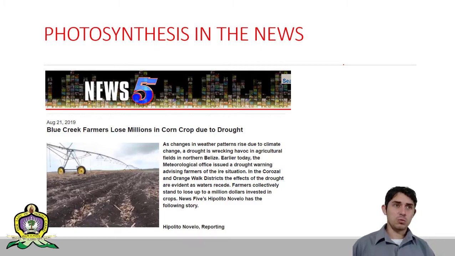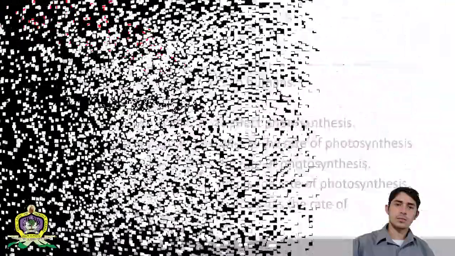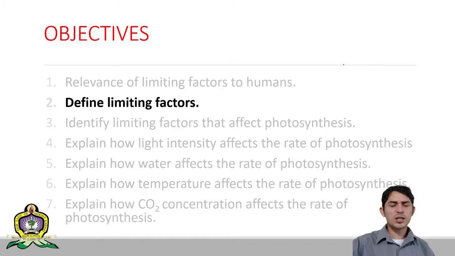And how exactly does drought, the lack of water, actually affect or limit photosynthesis in our plants? We will be looking at that later on in the presentation, but this is just a little preview of how it is relevant to us. Objective number 2 looks at limiting factors.